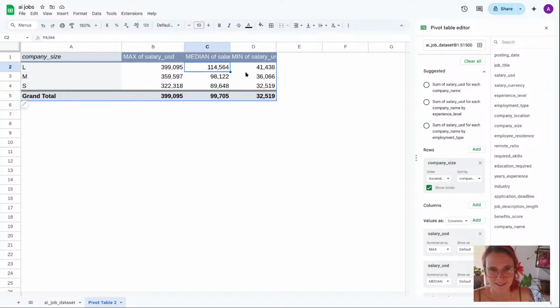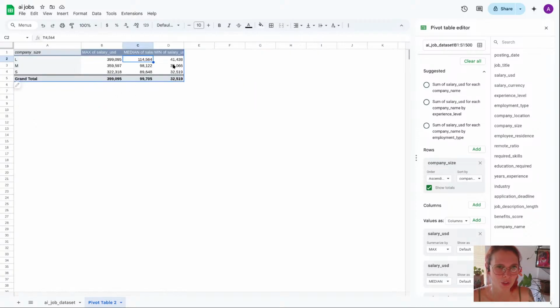It's not a very groundbreaking finding, but it's easy enough to consider. So this is the minimum salary that you get, and that one is not that far apart as this one anymore.